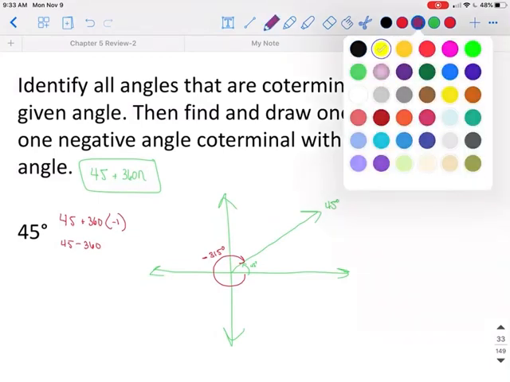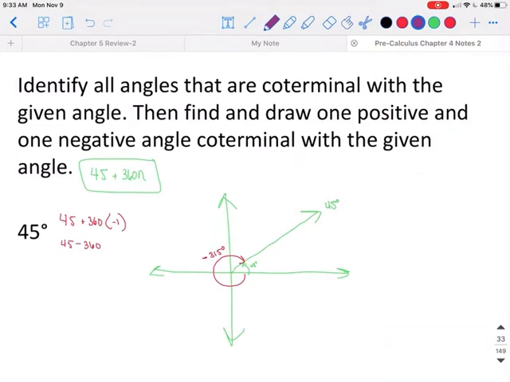To find a positive coterminal, we're going to do 45 plus 360 times 1, or 45 plus 360, which would give us 405 degrees. So if we start here, we still go counterclockwise. We'll do one whole circle, and then we continue past it until we get to that terminal side. That would represent 405 degrees.